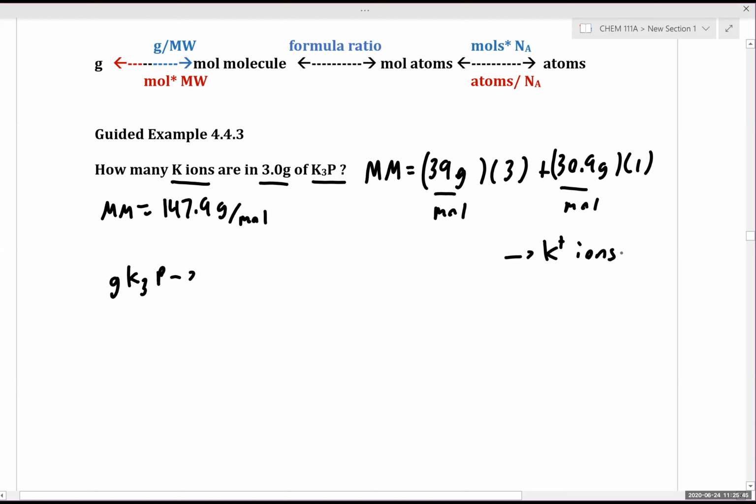What unit am I going to go through right before? So if we want to calculate atoms, we need what?